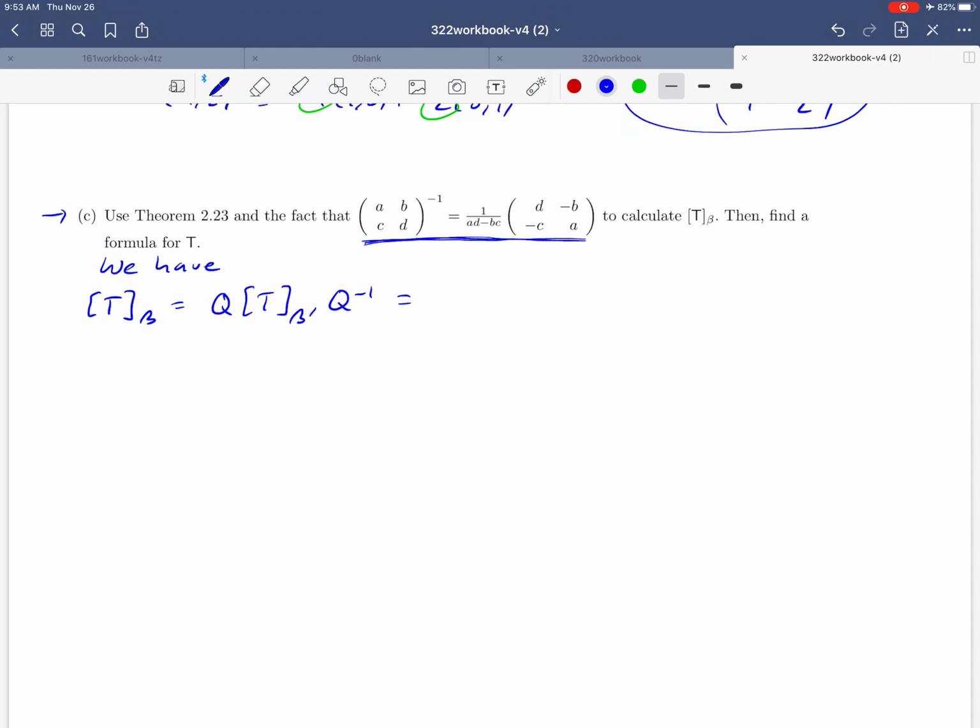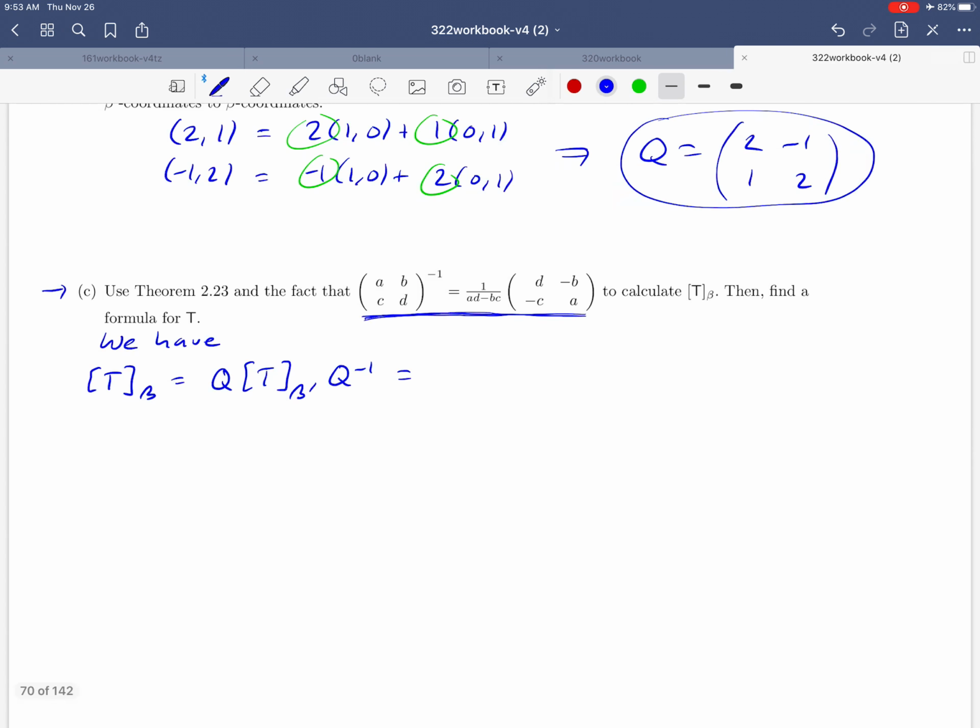We've done all of those calculations above, so just filling those in, Q was 2, -1, 1, 2. The matrix of T relative to beta prime, you can look up at part A and see that that was 1, 0, 0, -1. And then Q inverse, we're going to use this formula to calculate it.